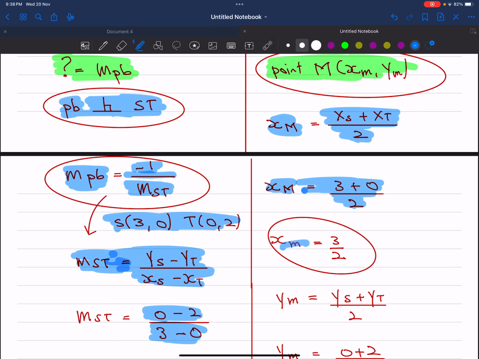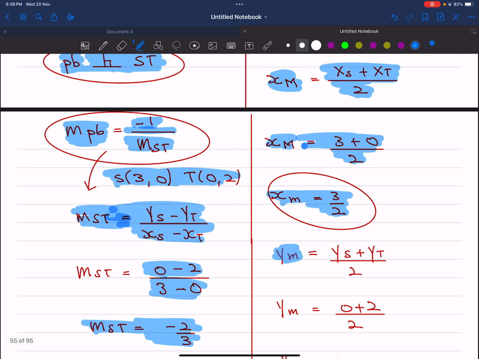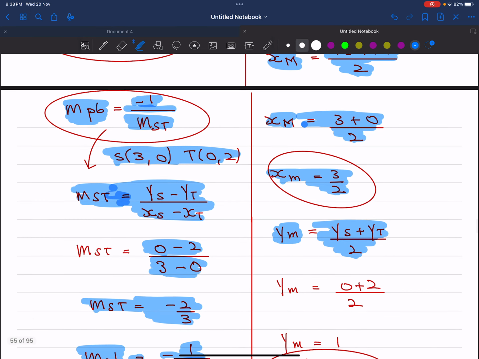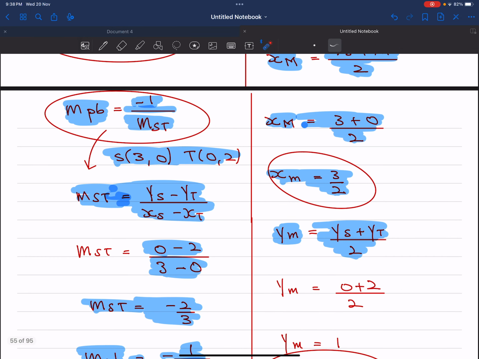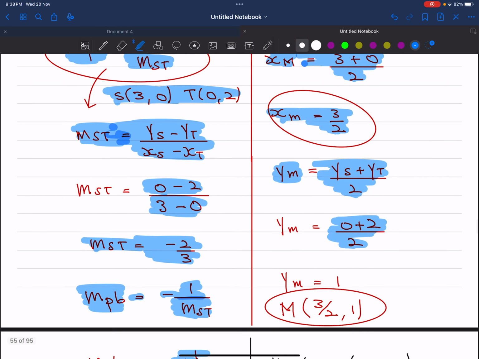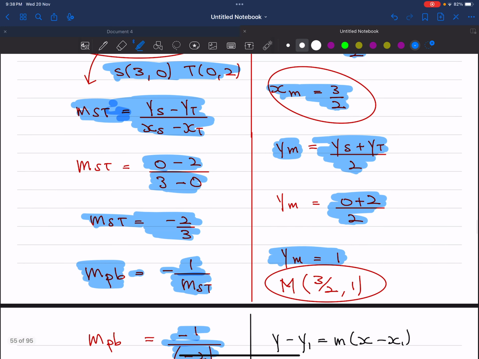We get x-coordinate 3 over 2. Repeat for the y-coordinate of the midpoint, ys plus yt divided by 2. Again, ys is 0, yt is 2. So 0 plus 2 over 2, we get the y-coordinate of the midpoint is 1. So our midpoint is (3 over 2, 1).